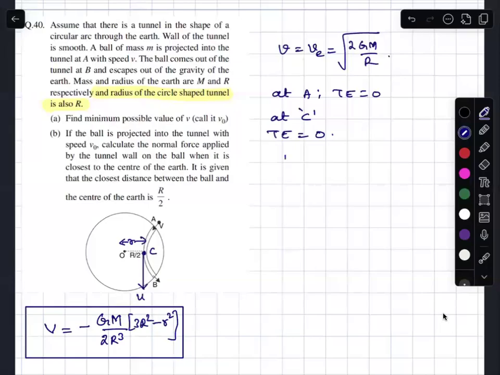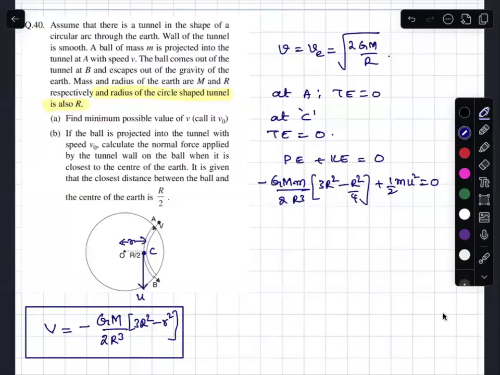So therefore, potential energy plus kinetic energy is 0. So what is going to be the potential energy at this point? Minus GMm by 2R³ times (3R² minus R²/4) plus half m u² is equal to 0.